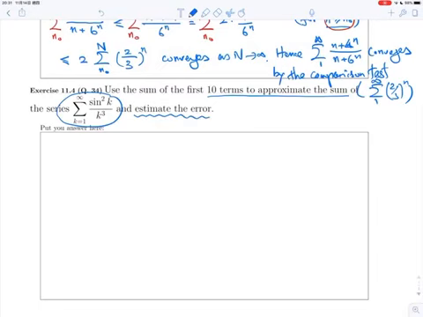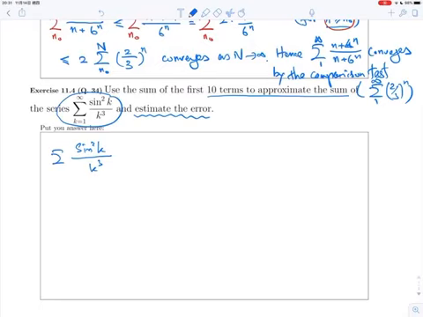To determine whether this is converging, it's actually quite easy to see, because just like what we did earlier, we look at the individual term, and the numerator is bounded between 0 and 1, where the denominator is like k to the power 3. So that tells us it would converge by comparison test.